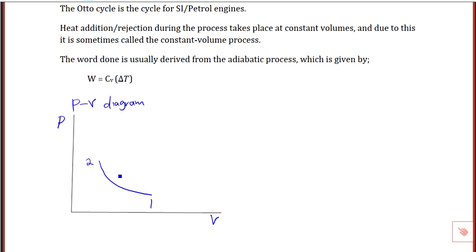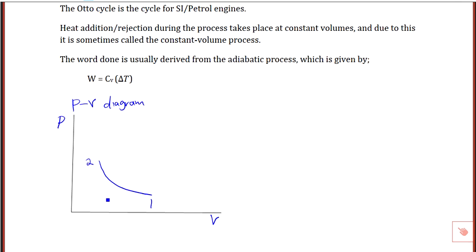During the Otto cycle, you find that the heat addition process and the heat rejection process usually are carried out at constant volume.